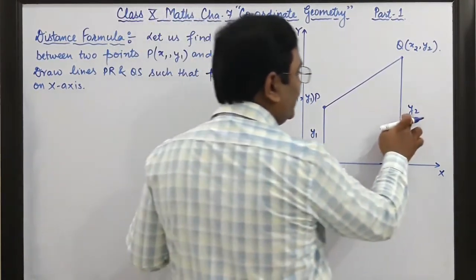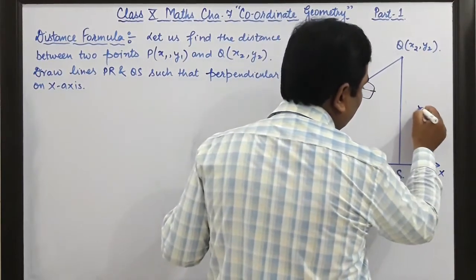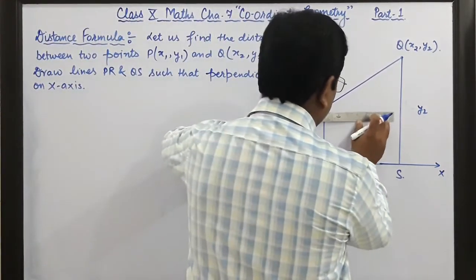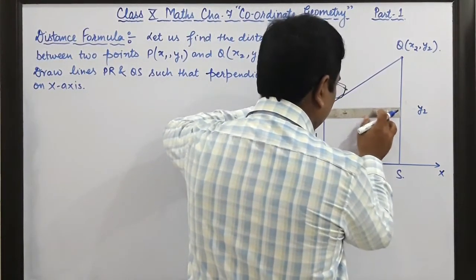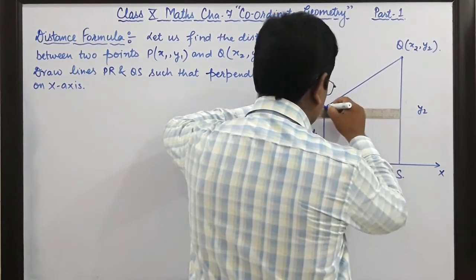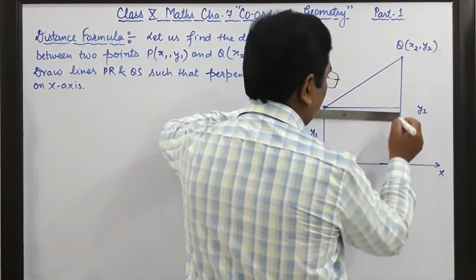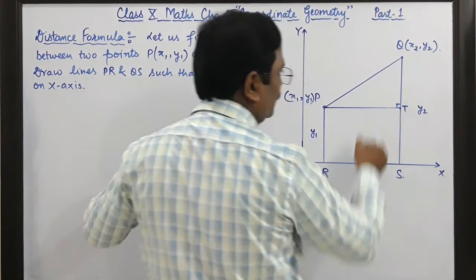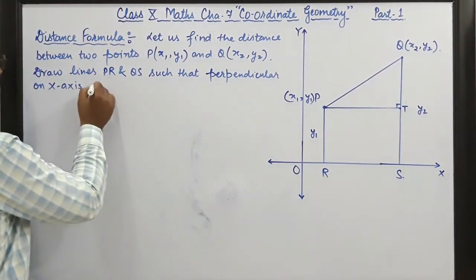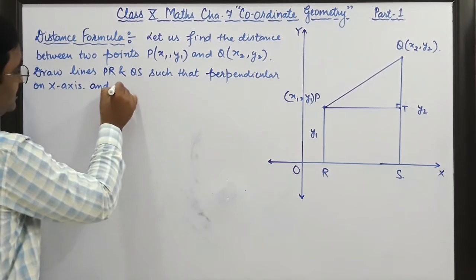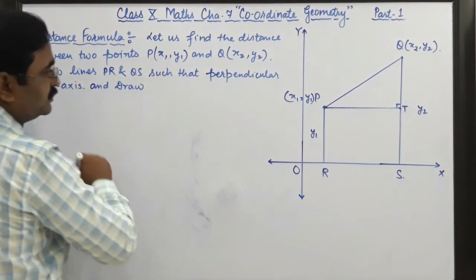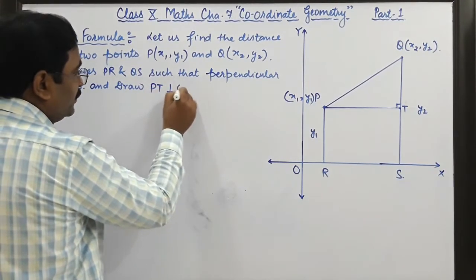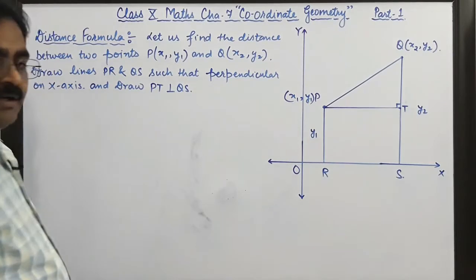So draw a line, this is y2. Draw a line PT that is perpendicular on QS. We have drawn this line PT, which is perpendicular on QS, right?